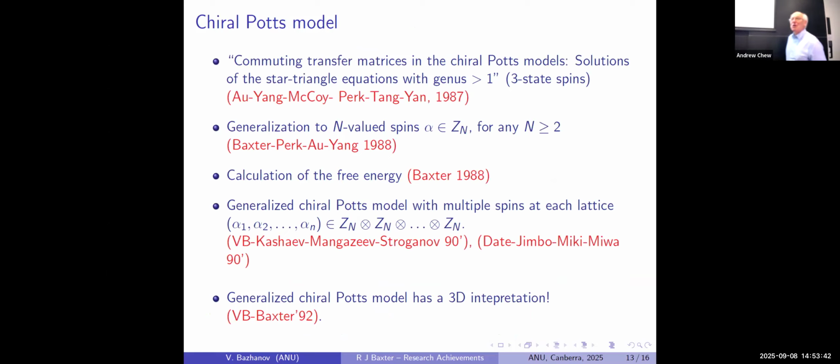The last model on my list is called the chiral Potts model. In 1987, there was a paper by Au-Yang, McCoy, Perk, Tang, Yan, which found a new solution of the star-triangle relation, a special form of the Yang-Baxter equation, parameterized by elliptic functions of an algebraic curve of genus greater than 1.